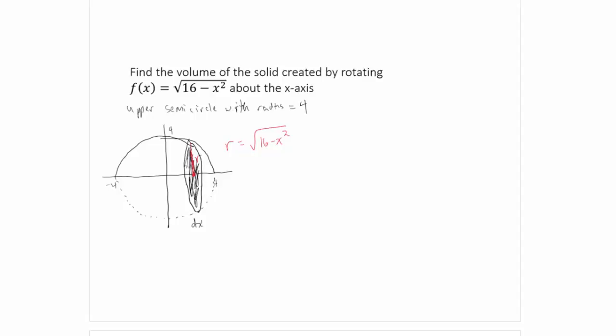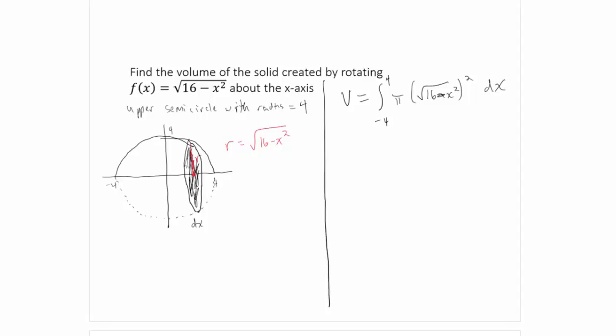All right, so I can now write an integral. The volume would be equal to the integral from negative 4 to 4 of pi times the radius, which is square root of 16 minus x squared, squared, times the thickness, dx. Now, I can use symmetry here. If we think about the shape, we can see it's symmetric about the y-axis.